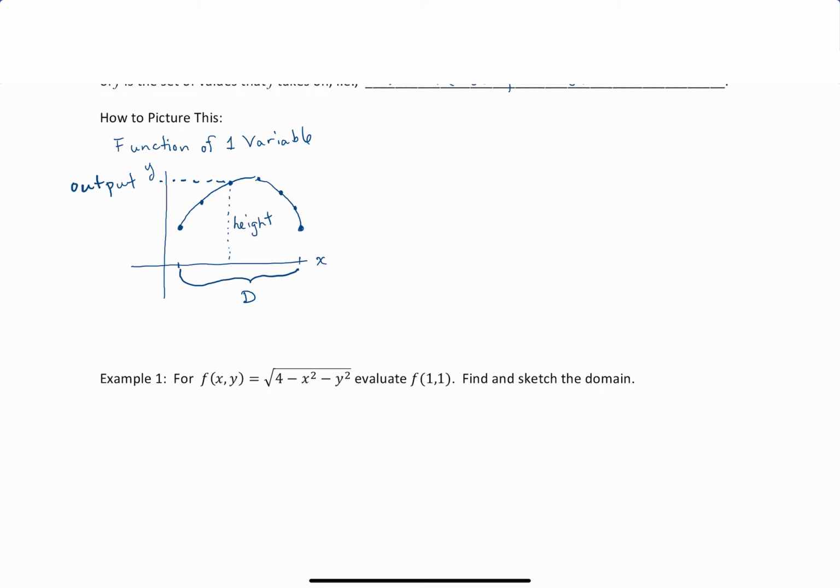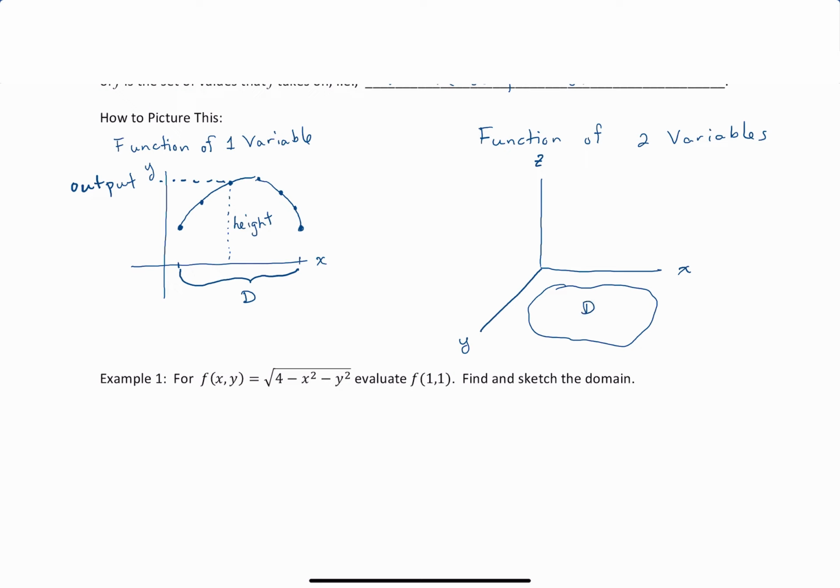Now, what's going on with functions of two variables is our inputs are on the xy plane, because there's two variables for every input. So let's say our domain happened to be this region in the xy plane.